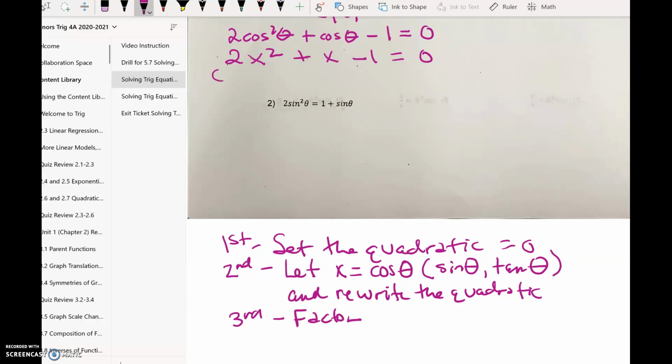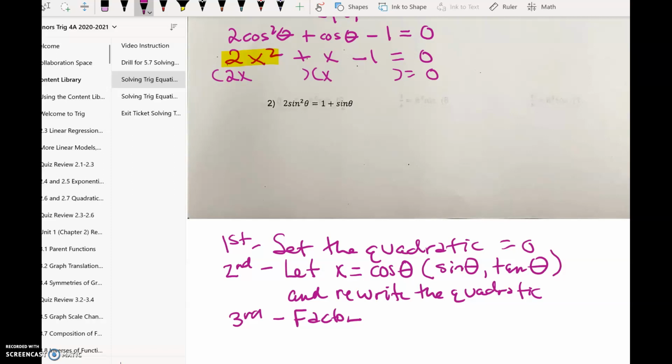Now, the nice thing about this quadratic is that even though it has a leading coefficient that isn't just x squared, there's only one way to get 2x squared. The only factors of 2 are 2 and 1, so we're going to have 2x and x, and that will give me my 2x squared.